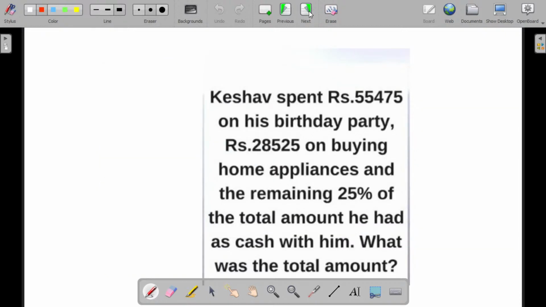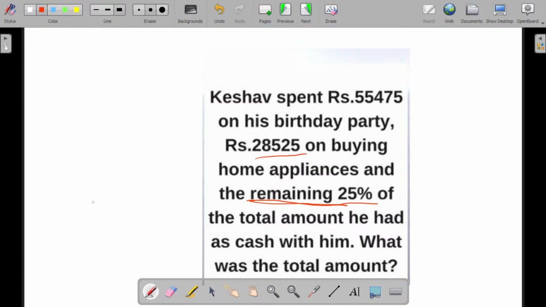Keshav spent 55,475 on his birthday party, 28,525 on buying the home appliances, and remaining 25 percentage, it is very important, remaining 25% of the total amount he had as cash with him. And what was the total amount? What was the total amount? Please do it.